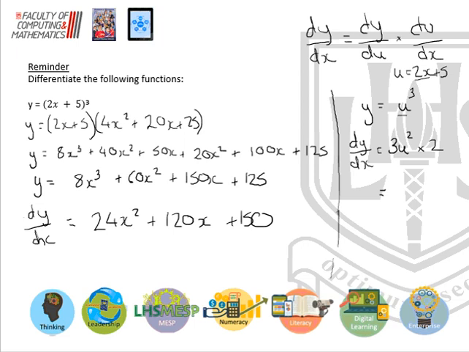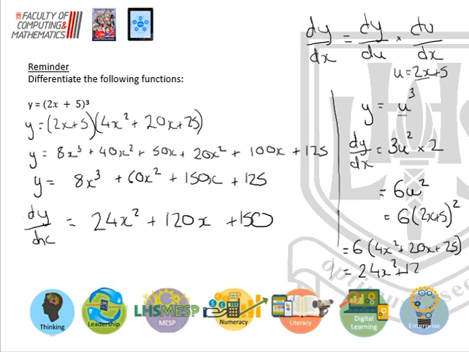So dy by dx here is 6u squared, which means 6 times (2x plus 5) squared. That's 6 times (4x squared plus 20x plus 25). And when you times that through by 6, you can see it's 24x squared plus 120x plus 150.